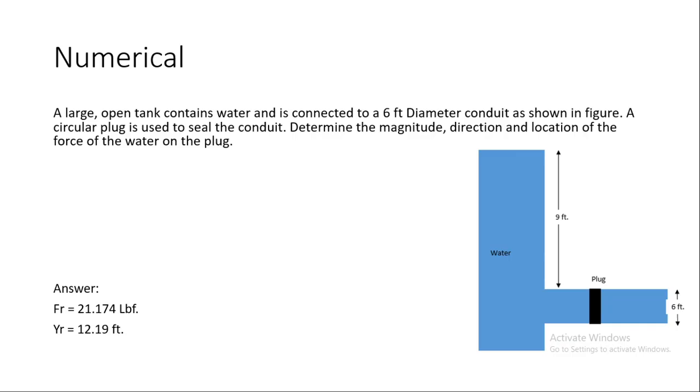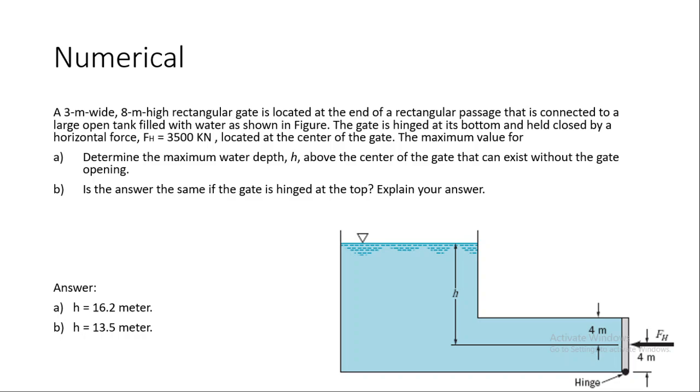After that we have another numerical in which a 3 meter wide and 8 meter high rectangular gate is present. It is located at the end of a rectangular passage that is connected to a large open tank filled with water, as shown here.